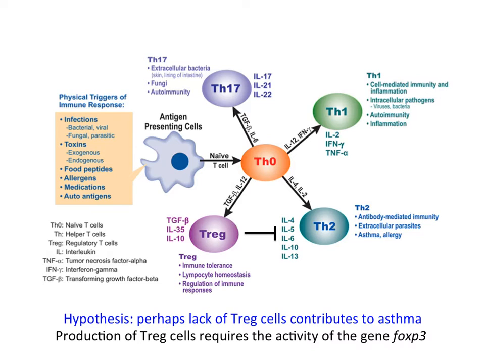And those Th0 cells are not cells that have ultimately decided what sort of cell they're going to become when they grow up, kind of like me. They haven't differentiated yet. So those Th0 cells, depending on the type of signals they get, which are all of these letters and number combinations written along the arrows. So for example, if a Th0 cell is stimulated by the molecule TGF-beta, that would cause the Th0 cell to turn into a Th17 cell.